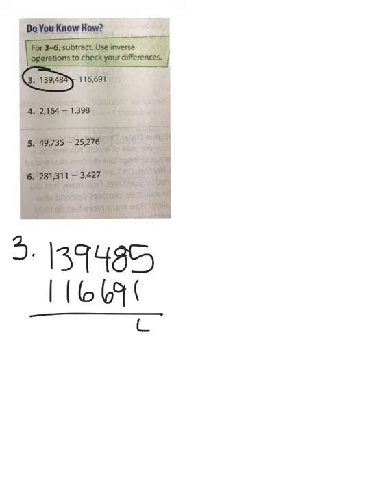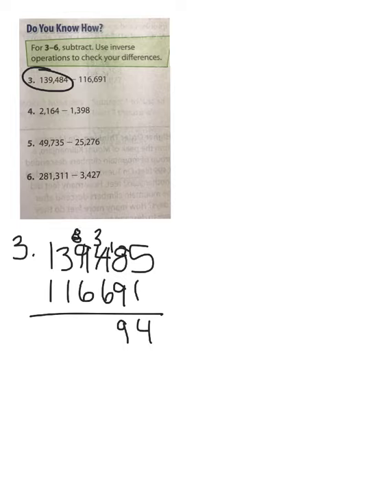Begin with the ones place. 5 minus 1 is 4. Now, we can't take 9 from 8, so we need to go next door to the hundreds place, borrow from the 4, make it a 3, and add the 1 to our tens place. Now we can subtract. 18 minus 9 is 9. We cannot take 6 from 3, so go next door to the thousands place, borrow from the 9, and make it an 8.